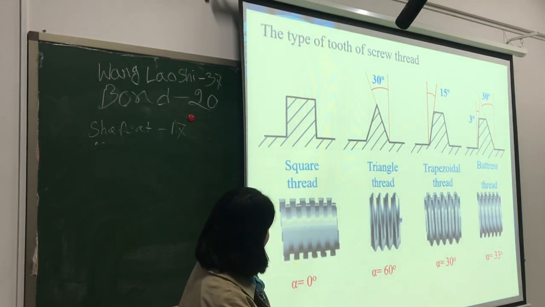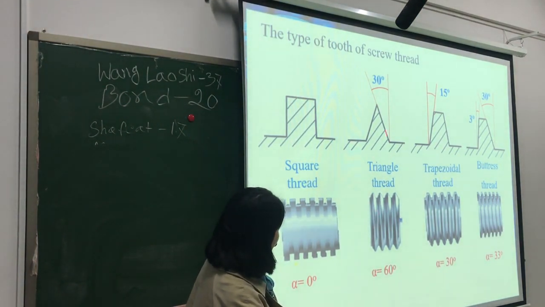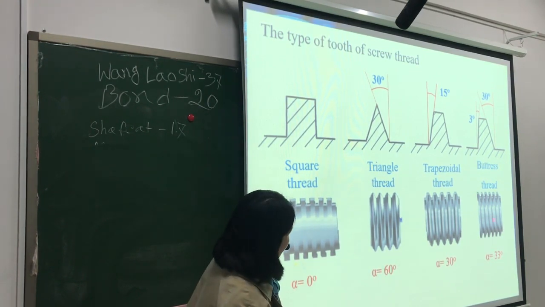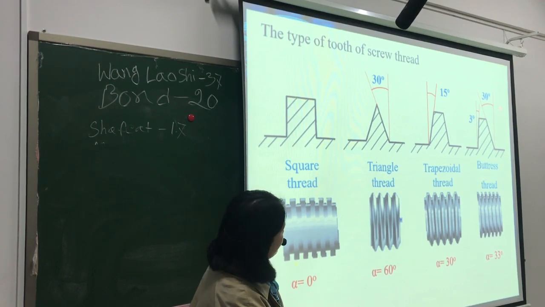The square thread, for which the angle alpha is 0 degrees, and the triangle thread with alpha of 60 degrees, and a trapezoid thread with alpha of 30 degrees, and a buttress thread with alpha of 33 degrees, and the flank angle beta is 3 degrees.